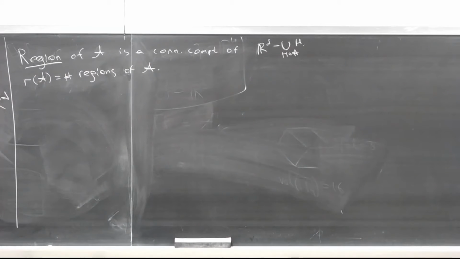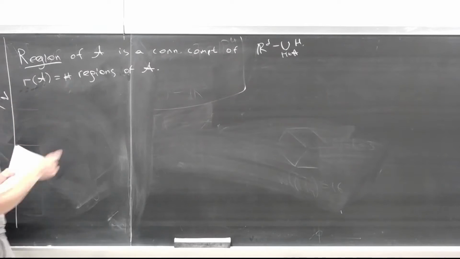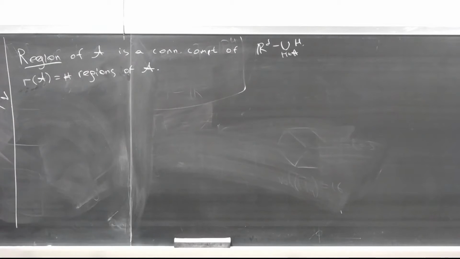And so that's one kind of important quantity, right? You take an arrangement, you get a number out of it. Combinatorics, that's what we're going to do. And also, I'm going to count not only regions, but the bounded regions.